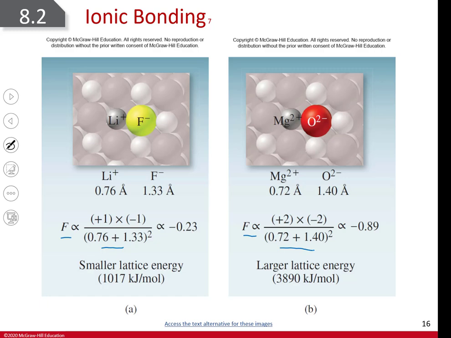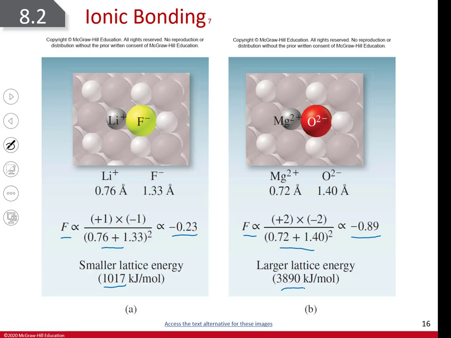We find that it is almost a factor of 4 times bigger for the magnesium oxide versus the lithium fluoride. And sure enough, your lattice energy for magnesium oxide is almost 4 times bigger. So the most important thing when comparing lattice energies is the charges. If the charges are different, bigger charges will give you bigger lattice energies.